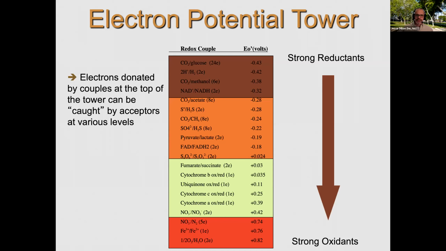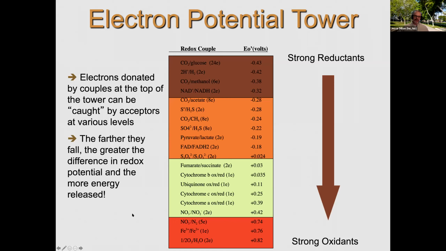And so in general, if you donate electrons from things up here and you accept them with things down here, that's good. The difference, or the spread, or the farther they fall from where the electrons are coming from, strongly electronegative, and if they're being oxidized by these strongly electropositive elements, that's going to be good for energy.